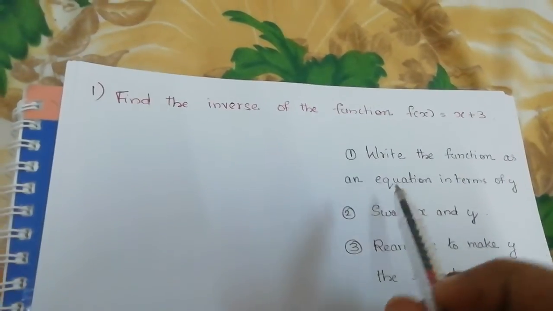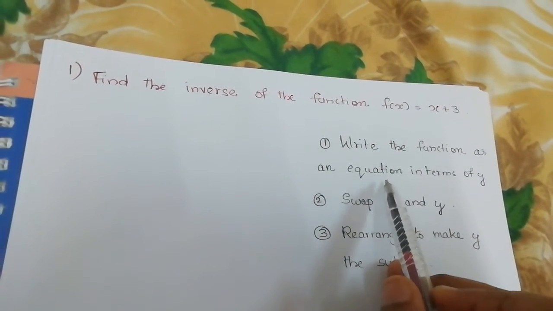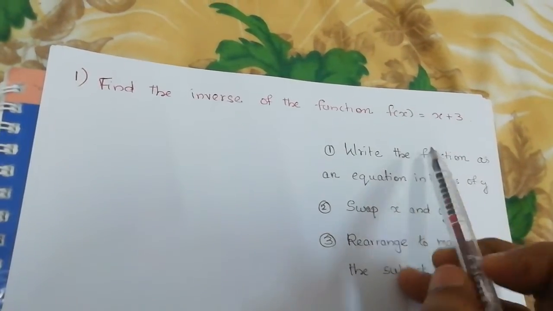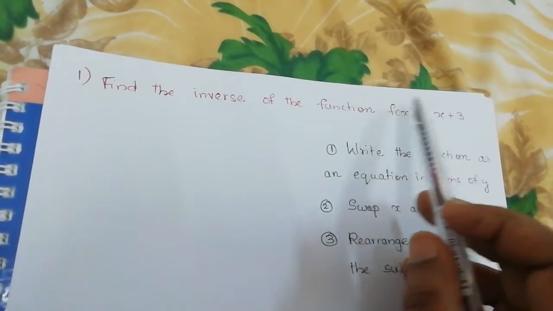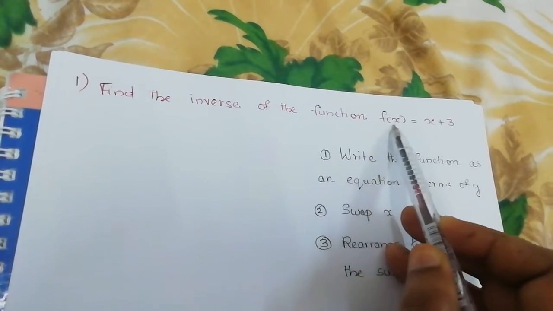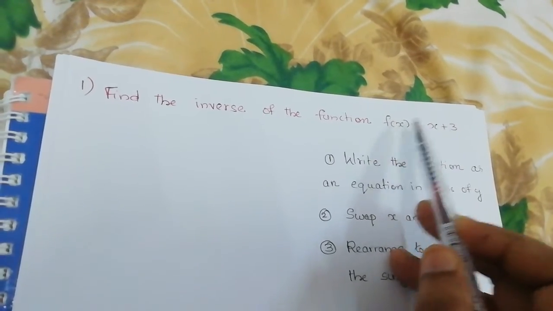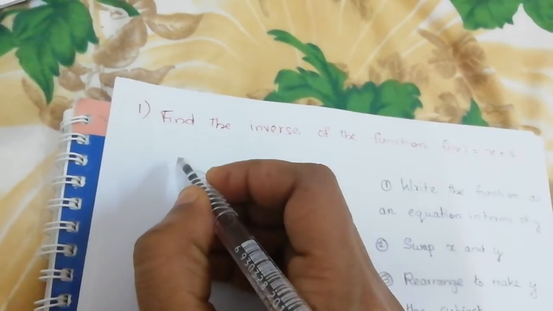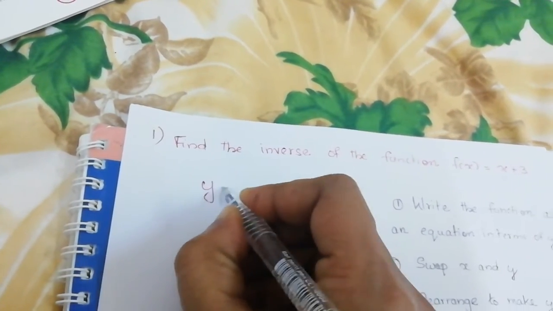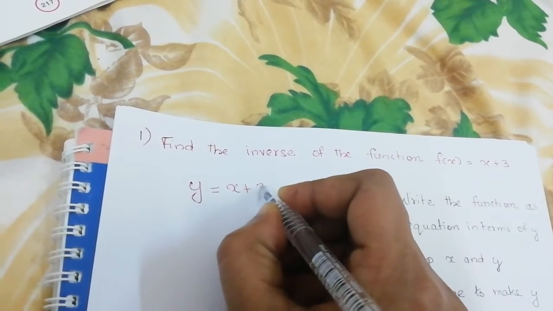The first step is to write the function as an equation in terms of y. So how do I write this function in equation form? Just change this f of x to y. So I can write this as y equals x plus 3.